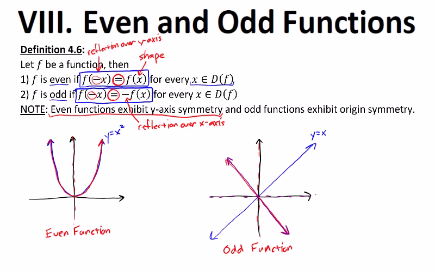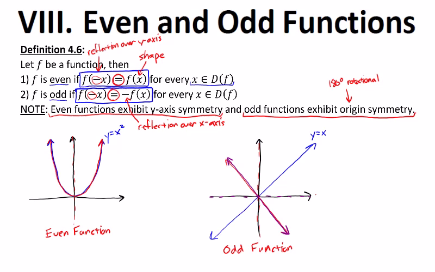Odd function. And it says here that an odd function exhibits what's called origin type symmetry. So origin type symmetry is essentially a 180 degree rotational type symmetry.